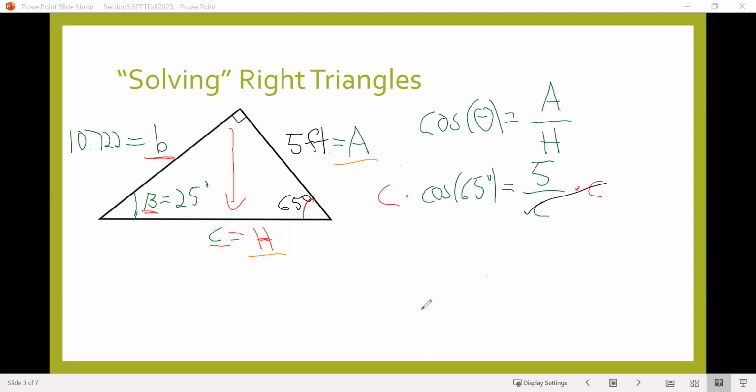When we do that, these cancel. So we have 5 equals c times cosine of 65 degrees. Then we can isolate the value for c by dividing by cosine of 65 degrees on both sides.